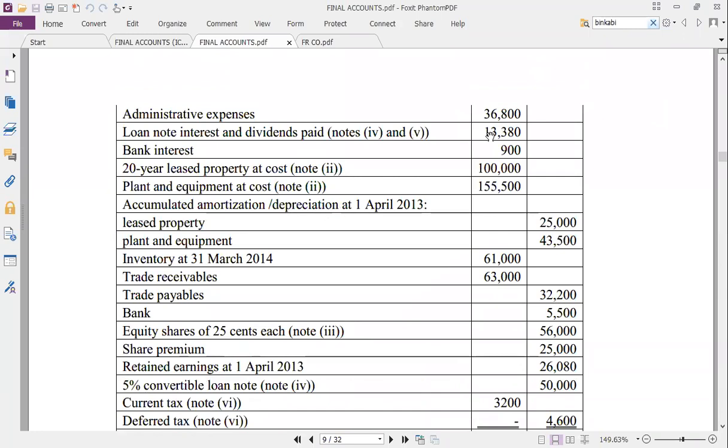So this is 13,500, right? If the interest is 2,500, then the remainder becomes the dividend.